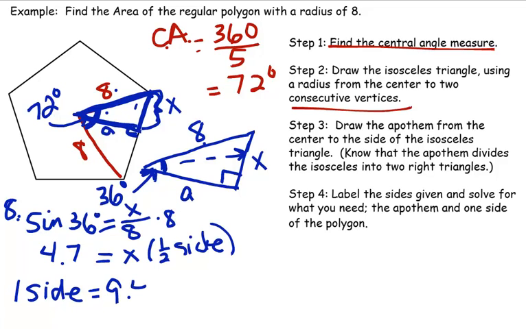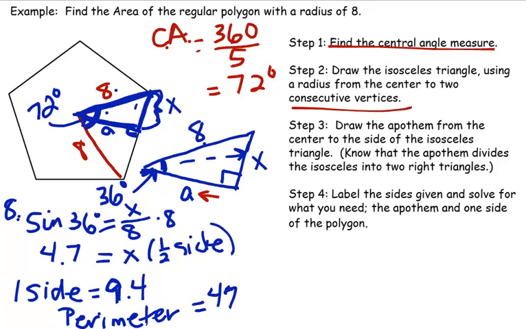One side is 9.4, but remember we're looking for perimeter, so we've got to take all the sides, which there are 5 of them, and to get perimeter, we're going to multiply 9.4 times 5. So that gives me 47. Okay, so that's the perimeter. That's one of the numbers that we need. The other thing we need is the apothem. So let's change colors.